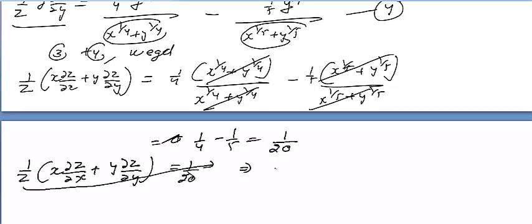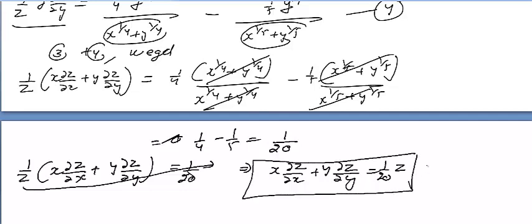You have x curl z by curl x plus y curl z by curl y is equal to 1 by 20 into z. And dear student, we have proved, we have verified the Euler theorem for the given function, hence proved, hence verified.